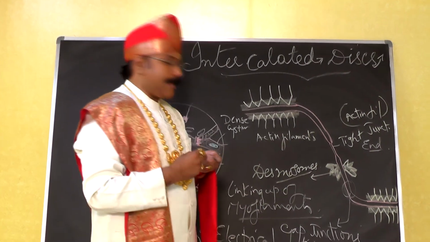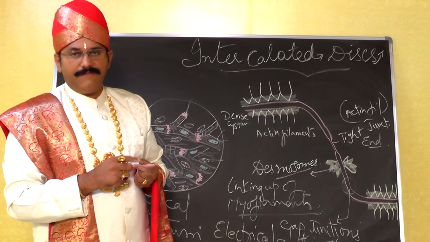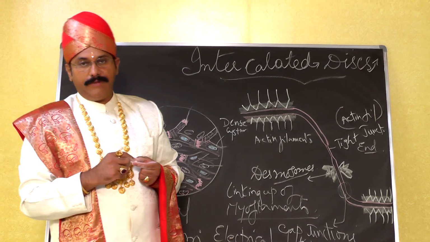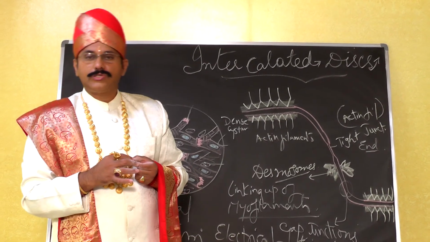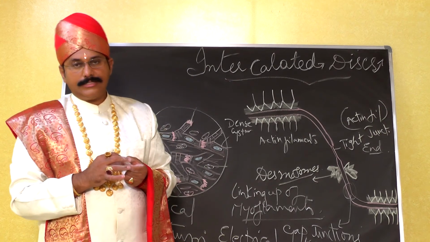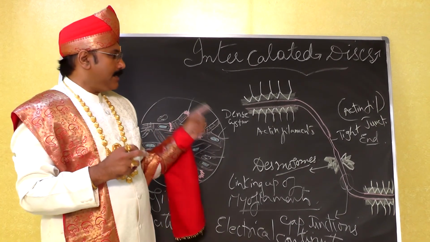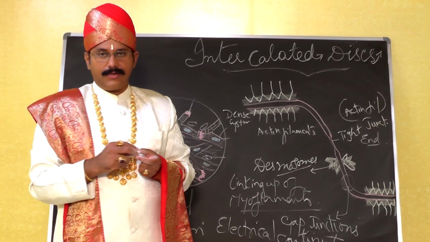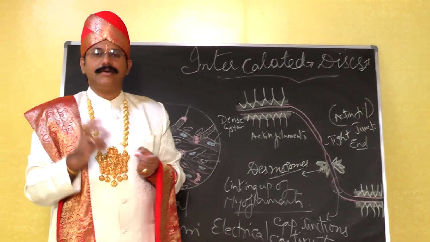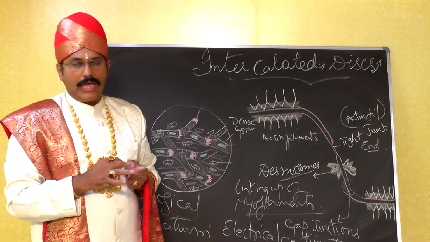And what about the gap junctions? They are responsible for maintenance of the electrical continuity between the myocytes, so the cardiac musculature behaves as a physiological syncytium. So these junctional complexes altogether are called the intercalated discs, the special feature of cardiac muscle.